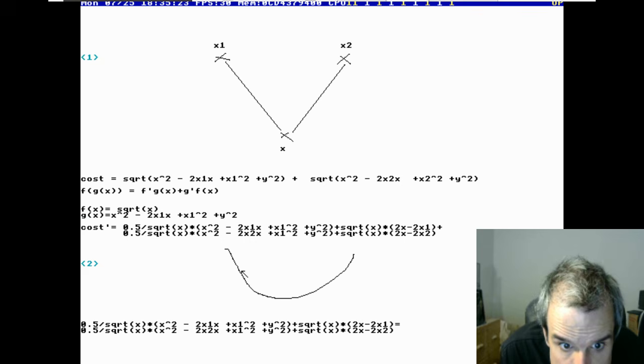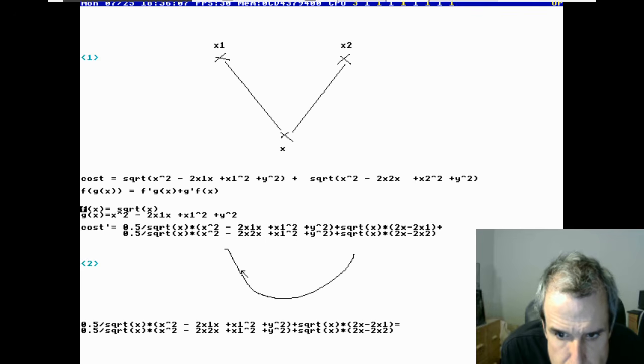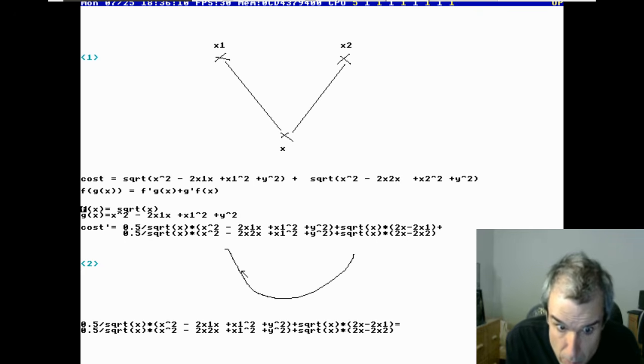F, square root of x. I get a bad feeling about this.